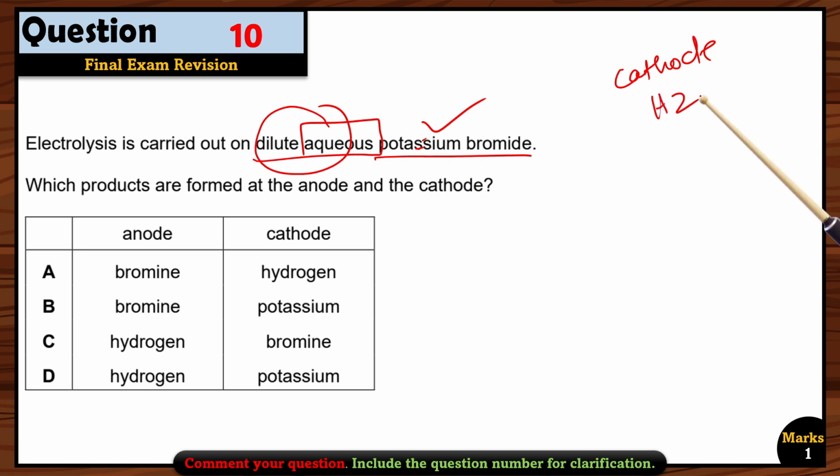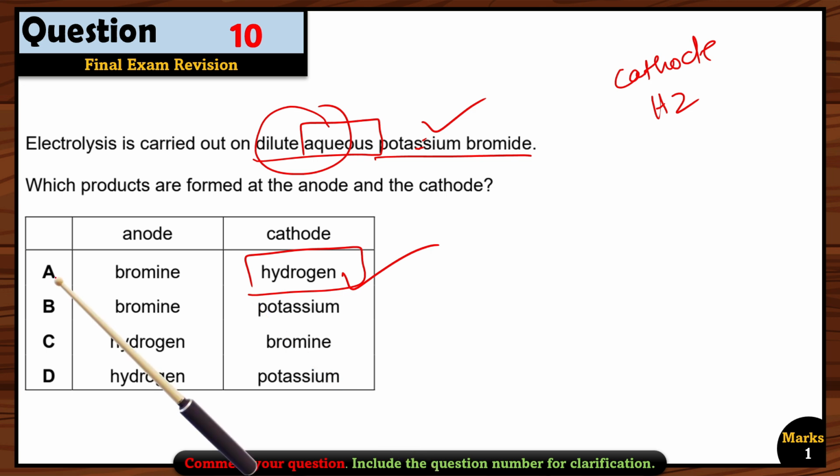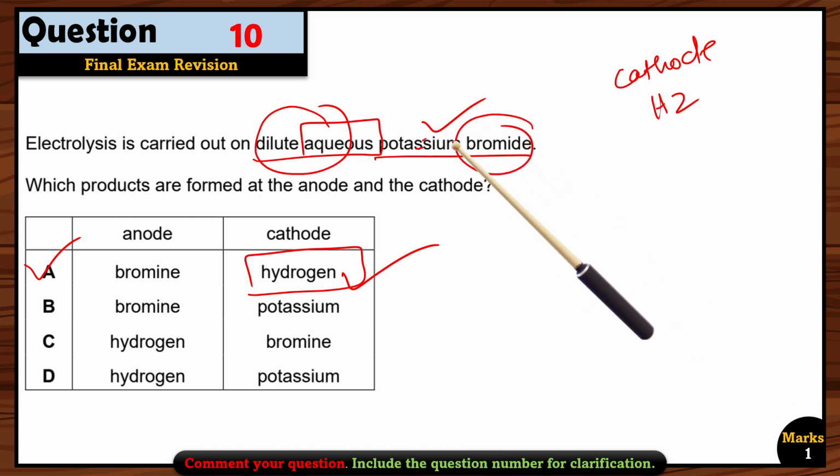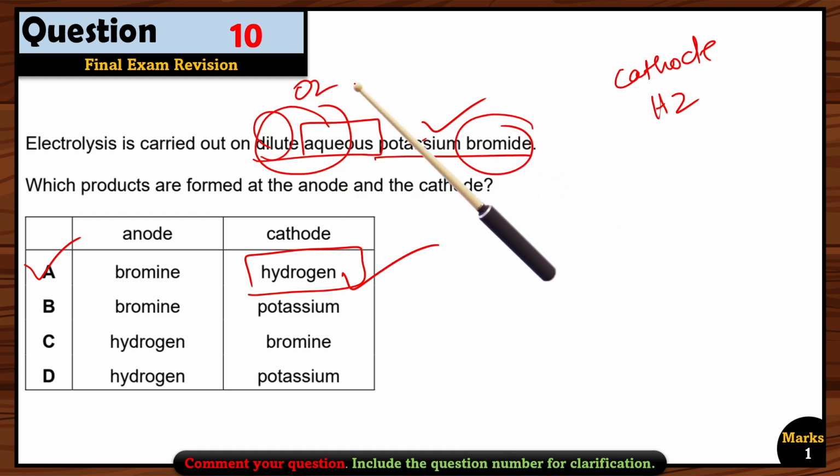Can you see any hydrogen gas formed at the cathode? Yes, this is the only option left with hydrogen. So option A is the right option. If you see the other option, bromine should not be formed because it is dilute. Oxygen should form at the anode.